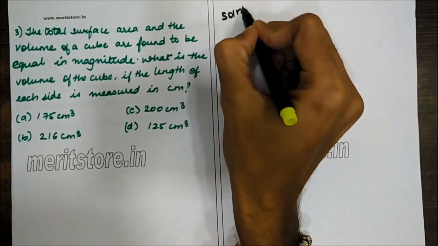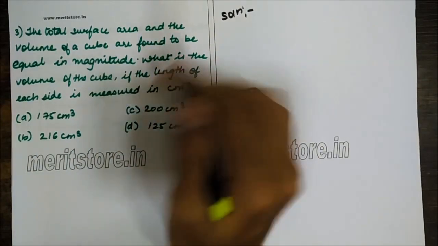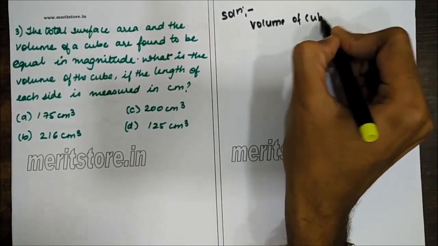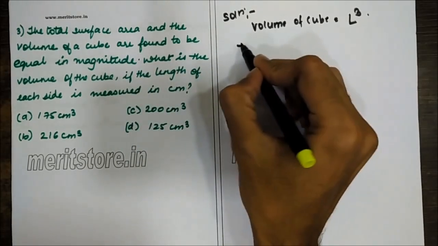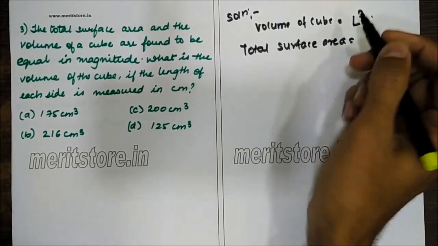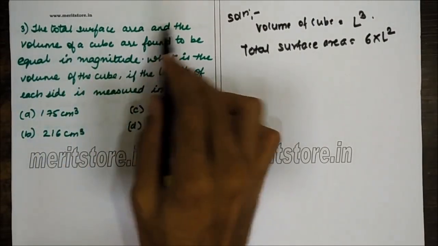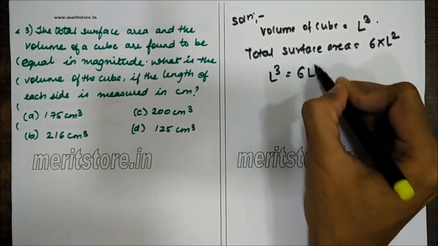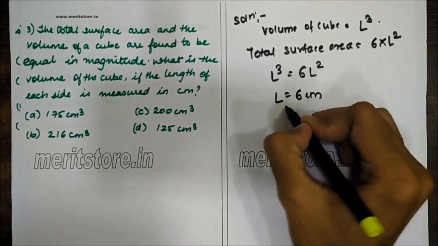Okay, so here we are given that the total surface area and the volume of a cube are equal to each other. First, the volume of a cube equals length cubed. And the total surface area formula is 6 times the length squared. Since they are equal, L cubed equals 6L squared. So what you get is L equals 6, right? So that will be 6 centimeters.